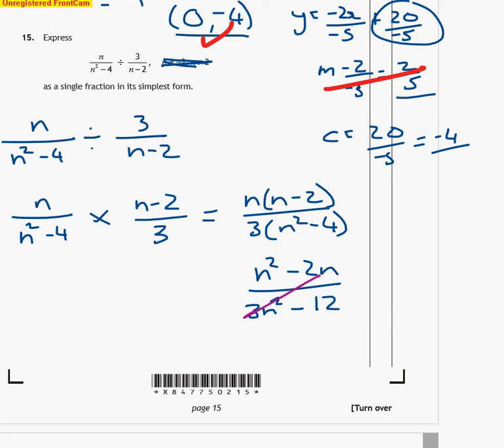I think what the question wants to do is simplify these brackets. If we see a squared term, so n squared, there's no n's in between there, and there's a number, that means we can do this. So we'll just get rid of this just now. Actually, give some space.